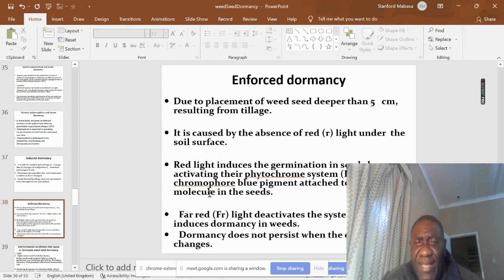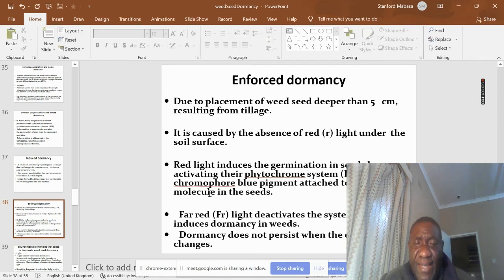We know red light induces the germination in seeds by activating their phytochrome system, which is a chromophore blue pigment attached to the protein molecule in the seeds. These are the details of the phytochrome structure. But what is important is that what senses light is the phytochrome inside the seed.